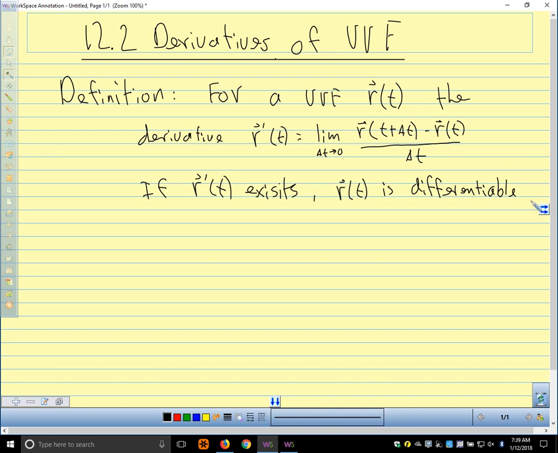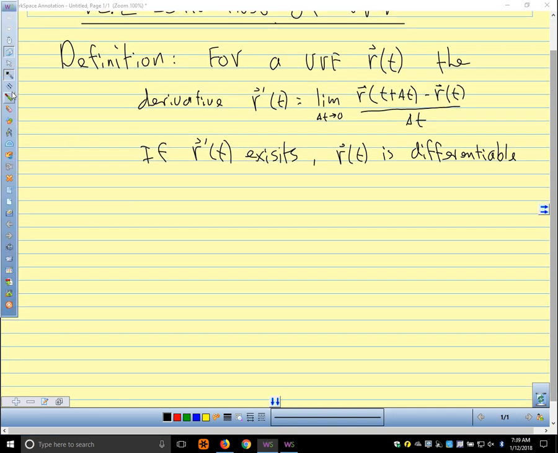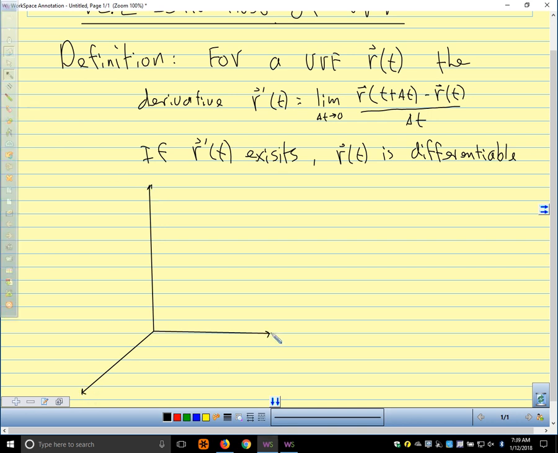So this follows exactly our definition of the derivative of a scalar function. Let's draw a picture of what we're talking about here. And because we're talking about vectors, this derivative turns out to be very easy to evaluate.